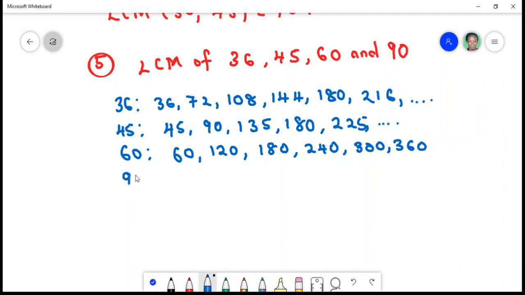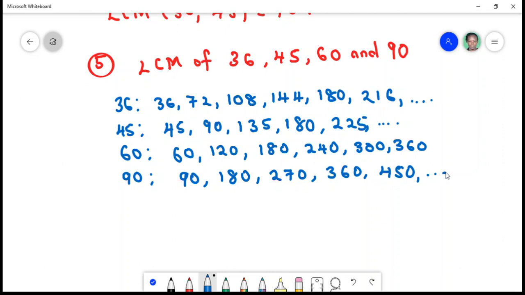Then we have 90. So we have 90 plus 90 is 180, plus another 90 is 270, plus 90 is 360. So you have more multiples, more multiples.